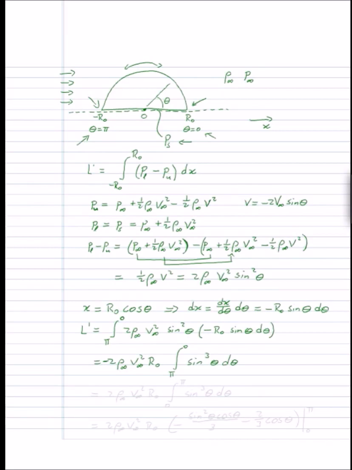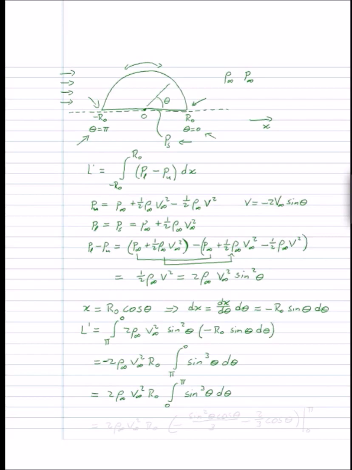Now one trick you can always do is, since the bounds of this integral go from pi to 0, if you swap the bounds, then you basically get rid of the minus sign. So that's something useful that you can always use. So that's 2 rho infinity v infinity squared r0, and now I swap the bounds and get rid of the minus sign at the front of that equation. So that is the sine to the power of 3 theta d theta.